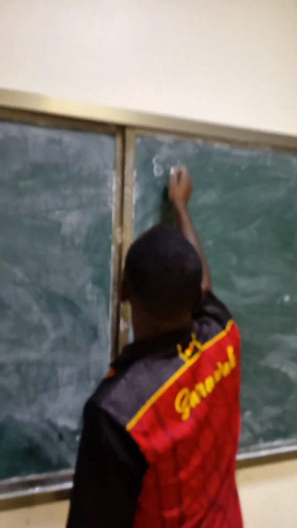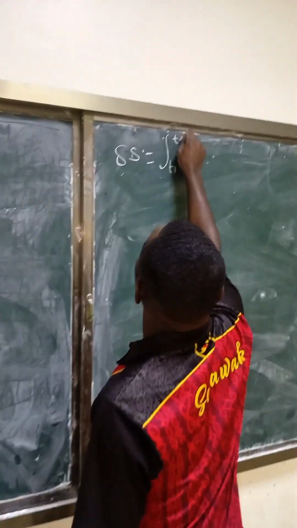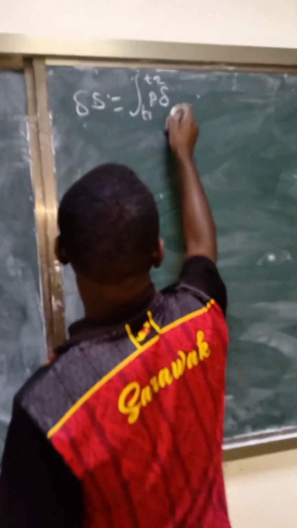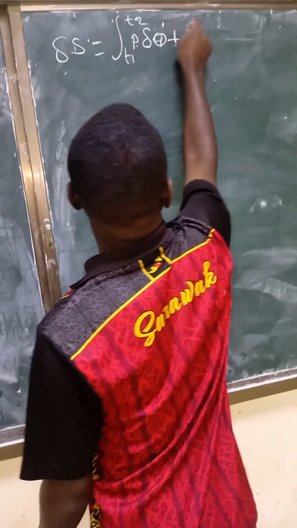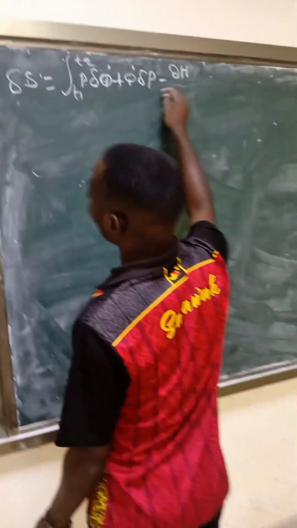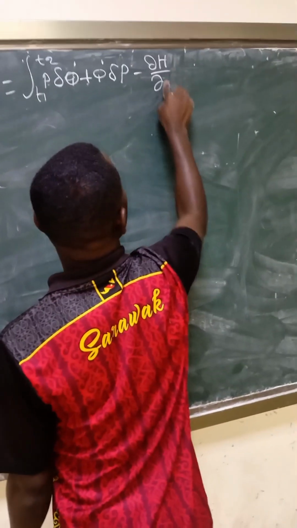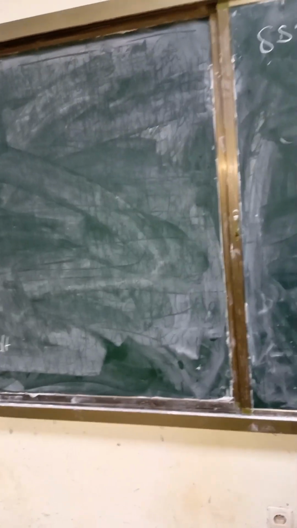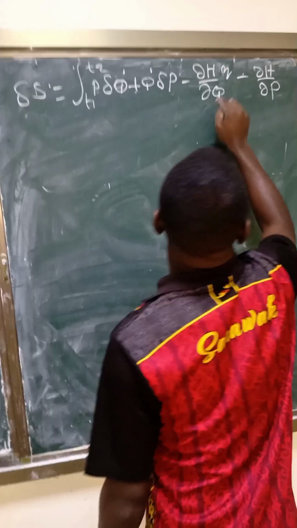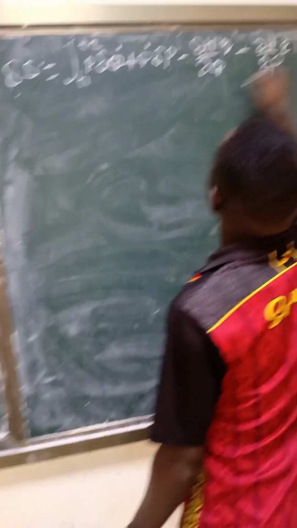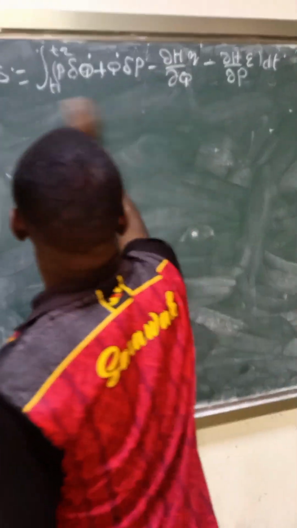After getting that variation in action, which is equal to the integral of p variation in q dot plus q dot variation in p, then minus partial of H with respect to q times variation in q, then minus partial of H with respect to p times variation in p, then dt.